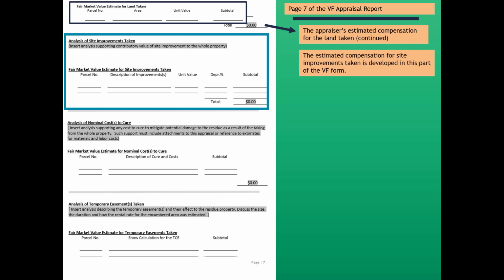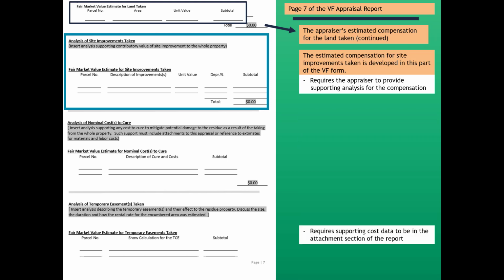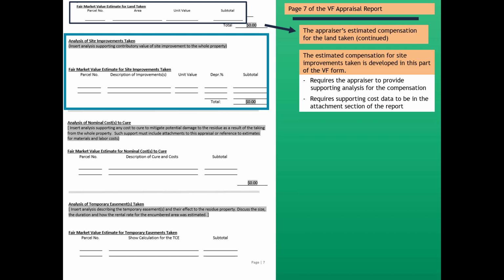And the estimated compensation for site improvements taken is developed in this area outlined by the blue square. It requires the appraiser to provide supporting analysis for the compensation and requires supporting cost data to be in the attachment section of the value finding report. And at the end of all this, the appraiser states the estimated compensation for site improvements taken.